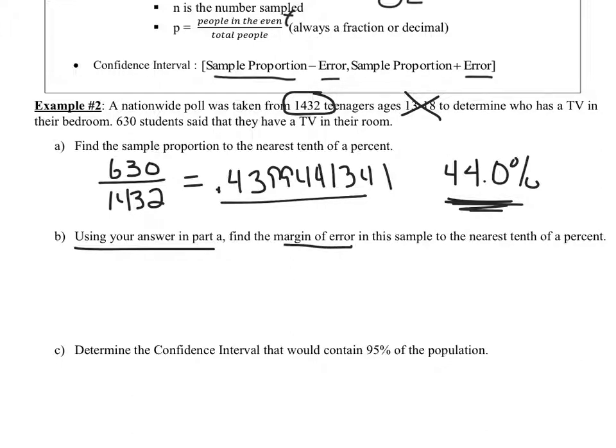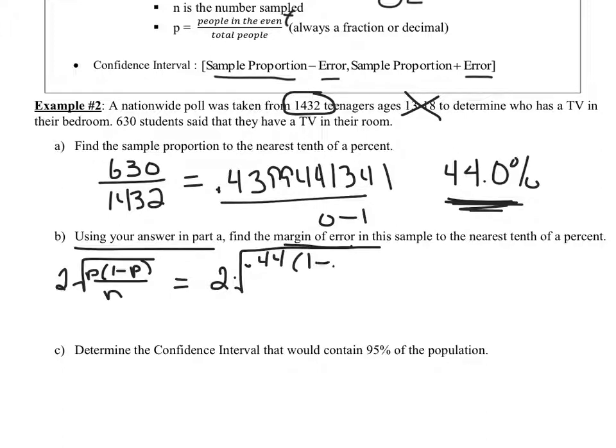You can see your margin of error up there. The formula is 2 times the square root of P times 1 minus P, over how many people. It says 44%, which is the answer I'm using. However, remember, it has to be a decimal between 0 and 1, so I put it in as 0.44.